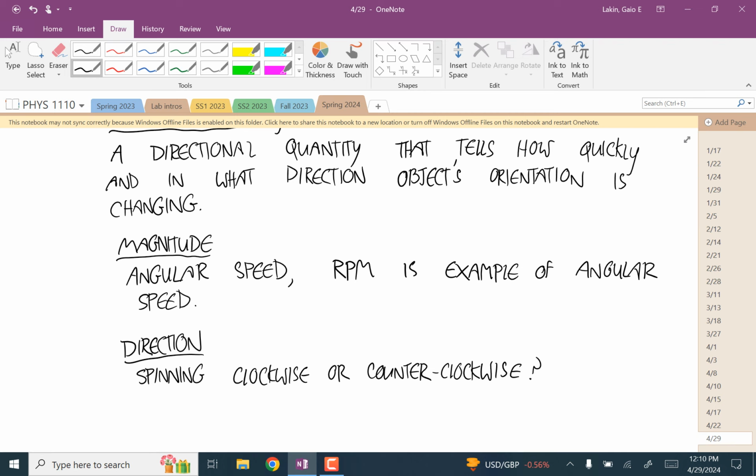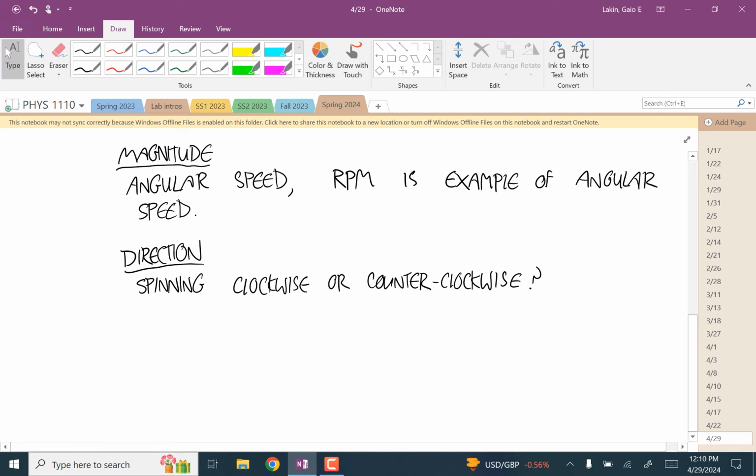And so physicists are like, nope, we'll make counterclockwise positive. Screw you. So that's how it is. We don't get to choose. So a positive angular velocity means that it's rotating counterclockwise, and negative means clockwise.